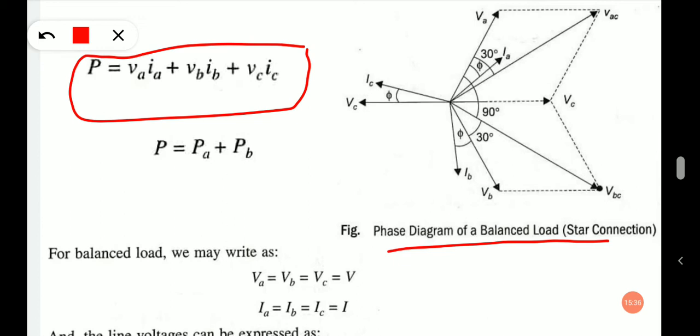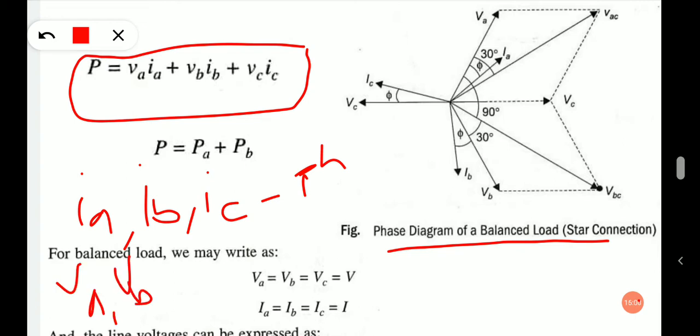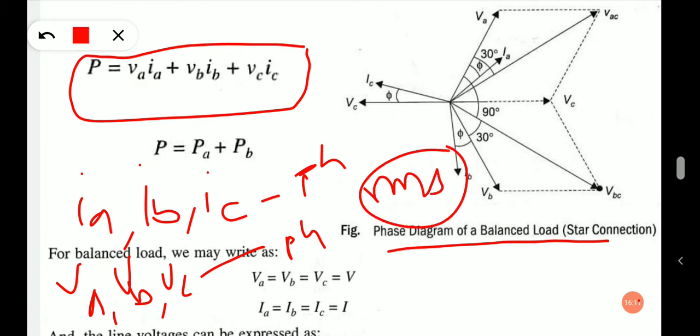Consider IA, IB and IC are the RMS values of the phase currents, and VA, VB and VC are the RMS values of phase voltages.